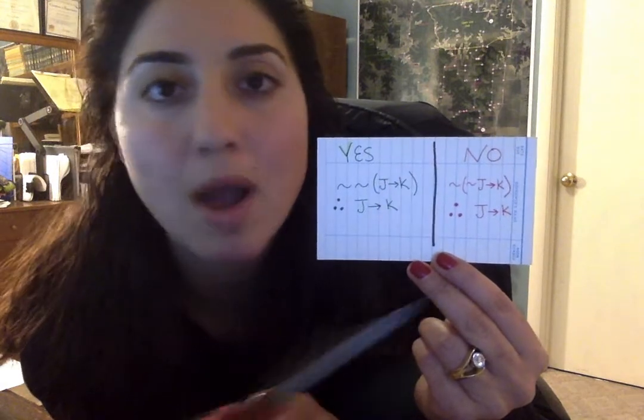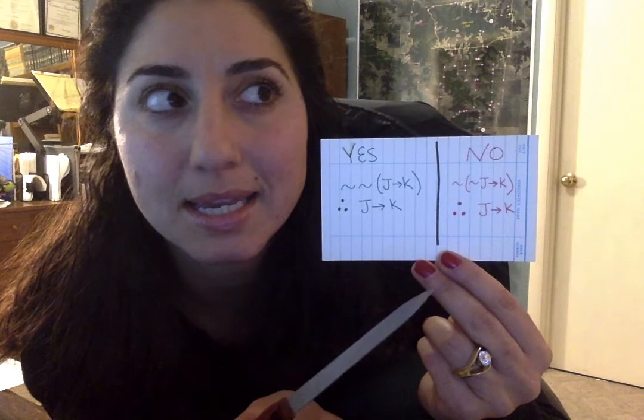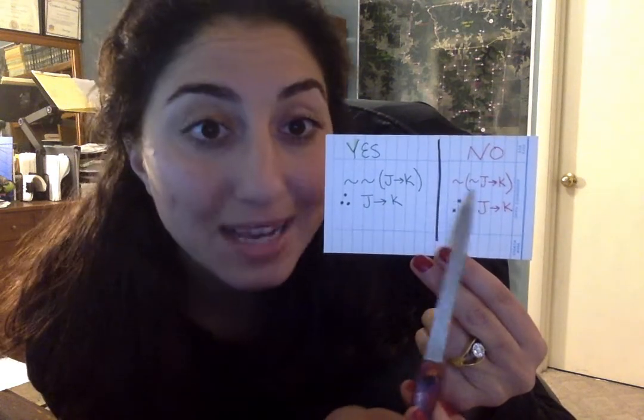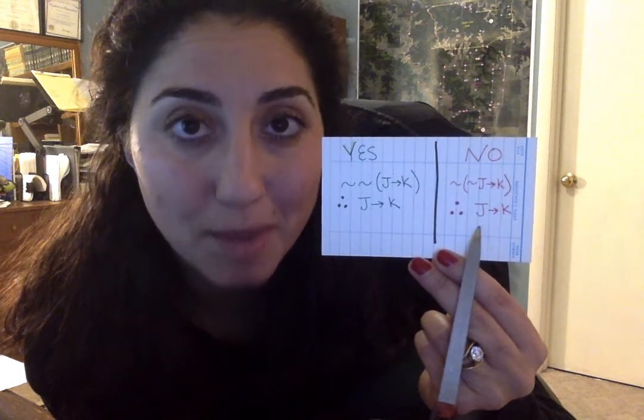We can just drop the two negations. If they're not directly one after the other, and here they're not, then you can't just drop them.